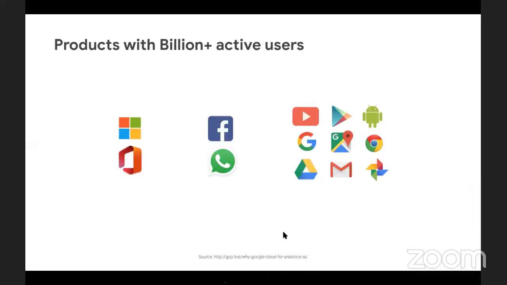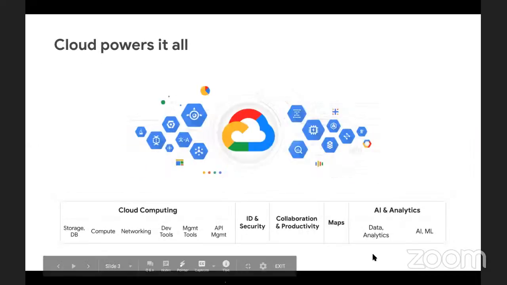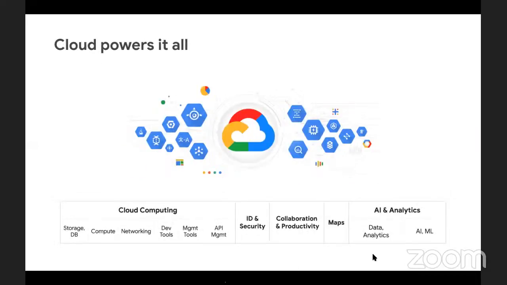So that's the backdrop. And when we talk about cloud powering it all, I only know this from a Google Cloud perspective, but I'm very sure that other public cloud companies, Microsoft, Amazon, IBM, they all have some versions of the same feature categories, functional categories. A large part of cloud as a paradigm is about computing.